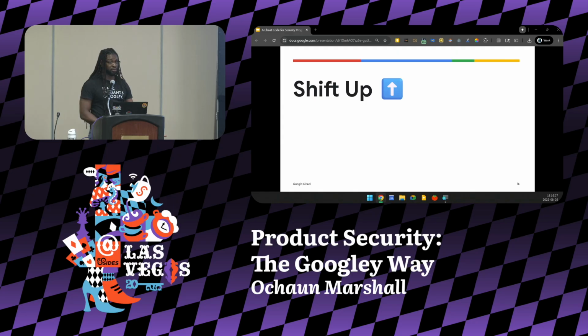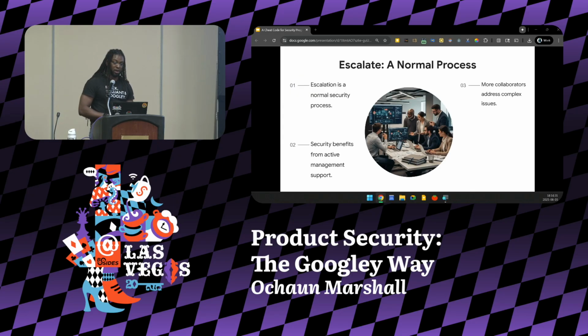Now, hacker in the boardroom. Let's talk about shifting up. So we talked about shifting left and shifting right. The next part of the cheat code is shifting up. And this is the concept of escalation, making it absolutely critical for a healthy security culture. Escalation is a normal, healthy security process. I'll say this again.